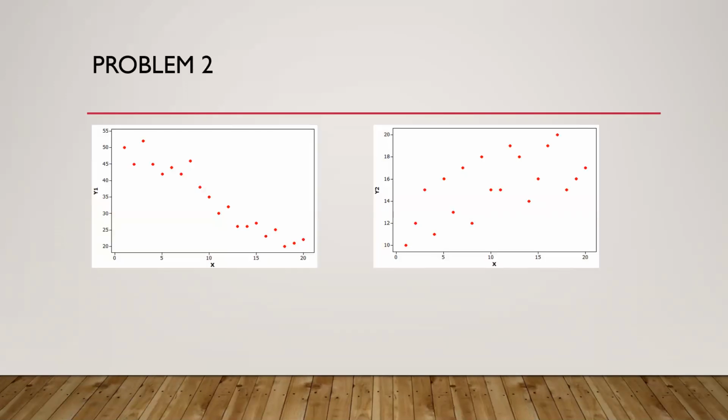Now here in problem 2, we're given a pair of scatter plots, and we're given some choices about what the sample correlation could be. Now, on the one on the left, we see a downward linear trend on that graph.